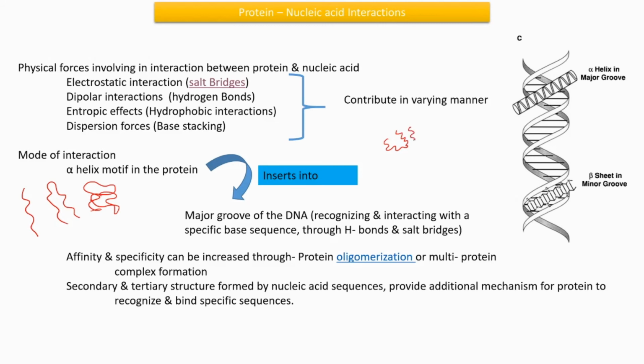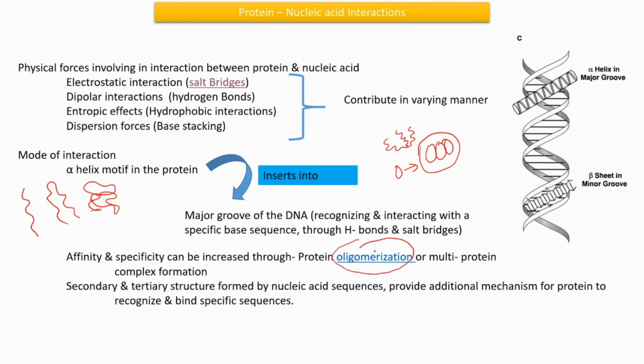Again, it can assemble one more copy of the same protein. In this way it becomes a multi-protein complex. This process of formation of a complex from single subunit proteins is called oligomerization.